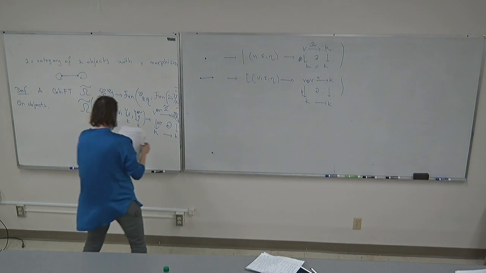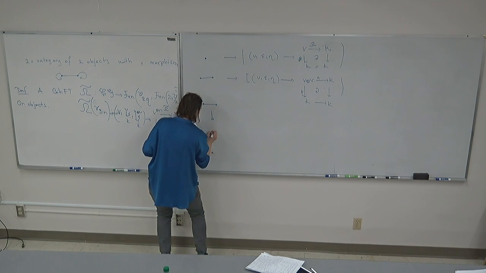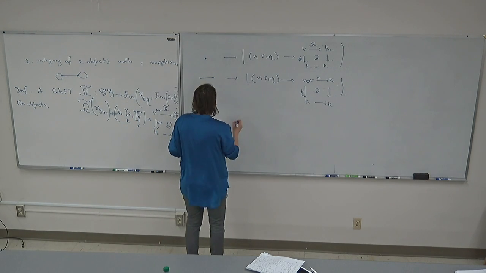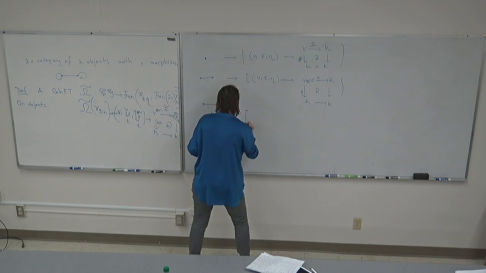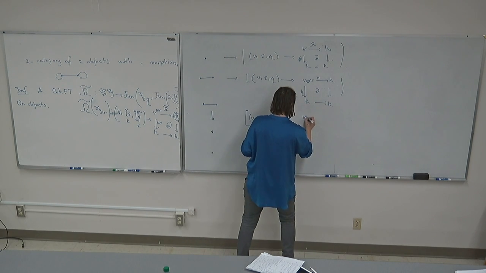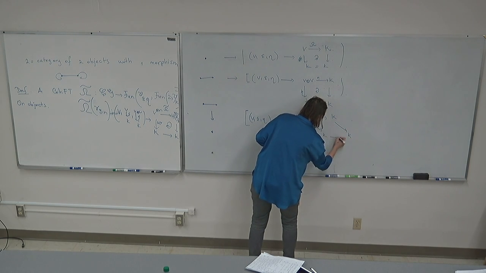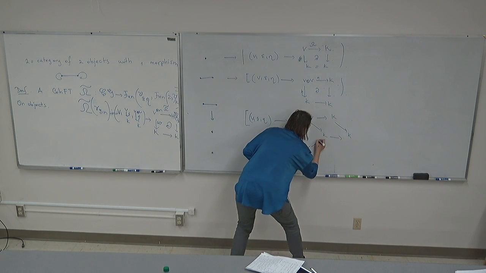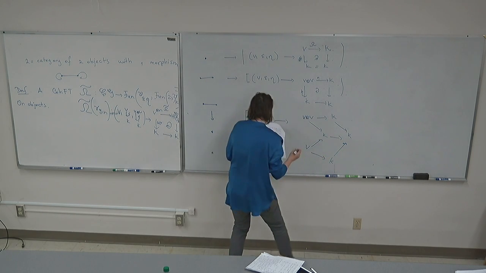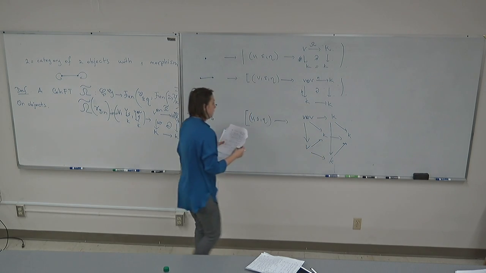And moreover, I now have to think about morphisms. So these morphisms are natural transformations here. So this is going to send this pair into, well, I'm going to have a commutative diagram on top and one on the bottom. And now I'm going to connect them like this.